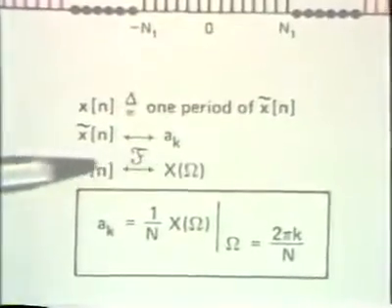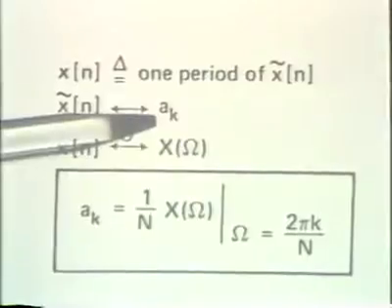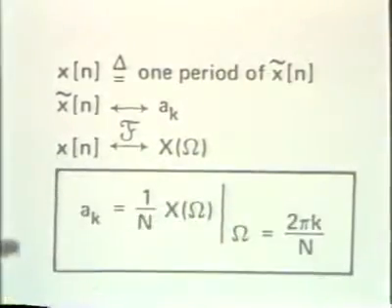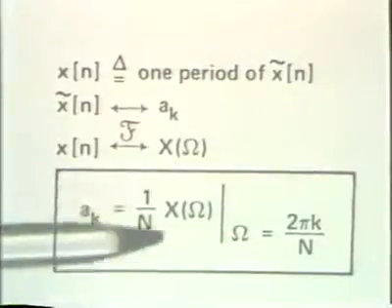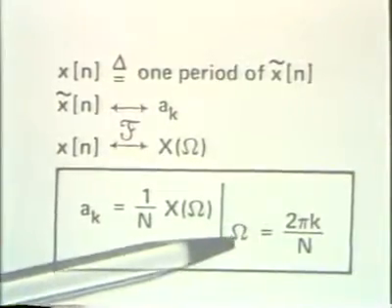So X of omega is the Fourier transform of one period, the a sub k's are the Fourier series coefficients of the periodic signal, and this relationship simply says they're related, except for a scale factor, through samples along the frequency axis.